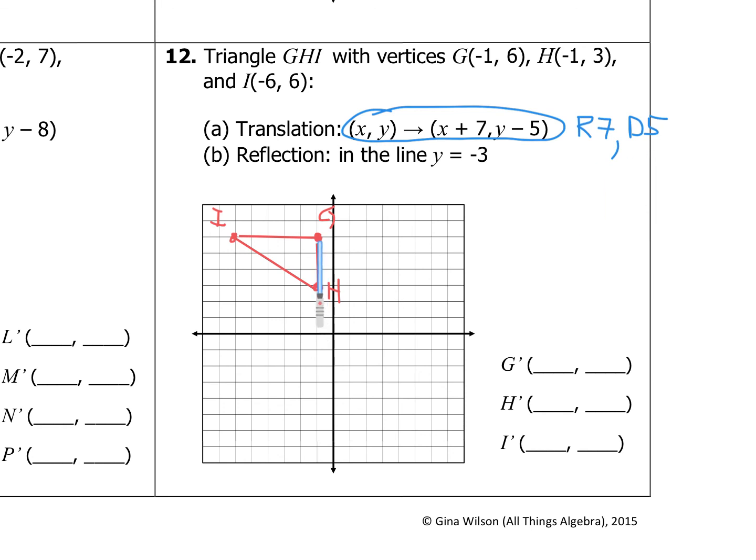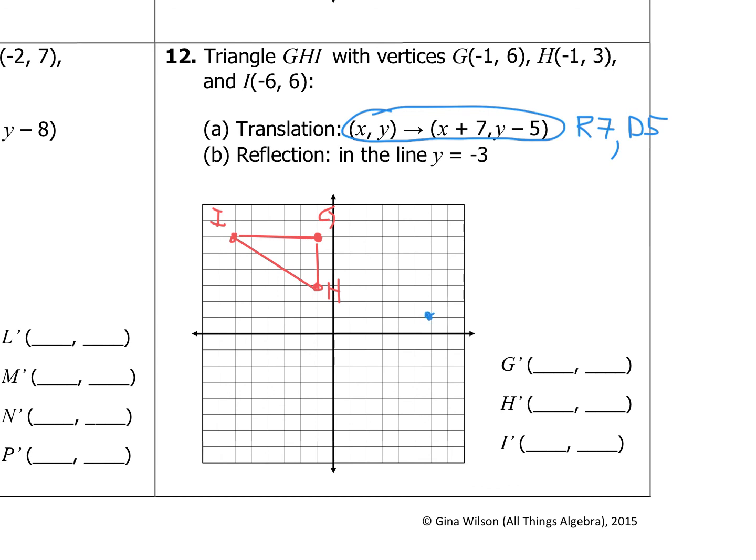So let's start with G. Right 7. 1, 2, 3, 4, 5, 6, 7, and then down 5. 1, 2, 3, 4, 5. Well, that places me at +6, +1. So right there.